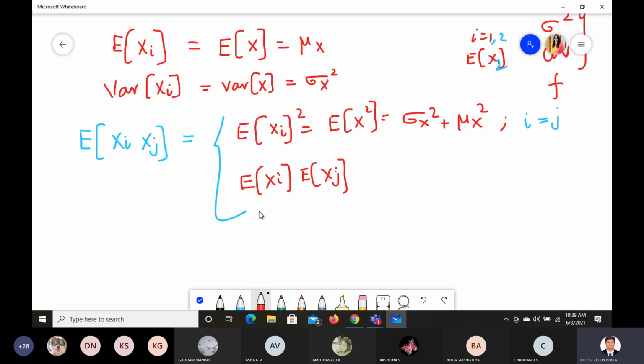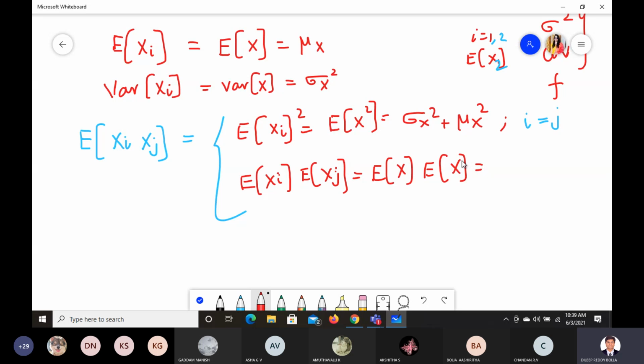Correct? Now we have seen here that expectation of xi equals expectation of x. So expectation of xj also equals expectation of x. Yes or no? So this one is the same as expectation of x, and this also is the same as expectation of x.